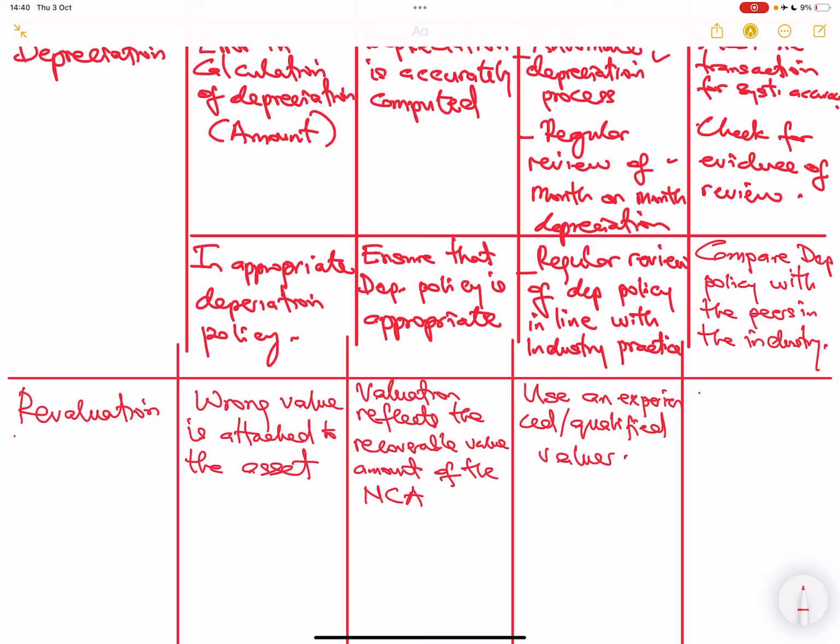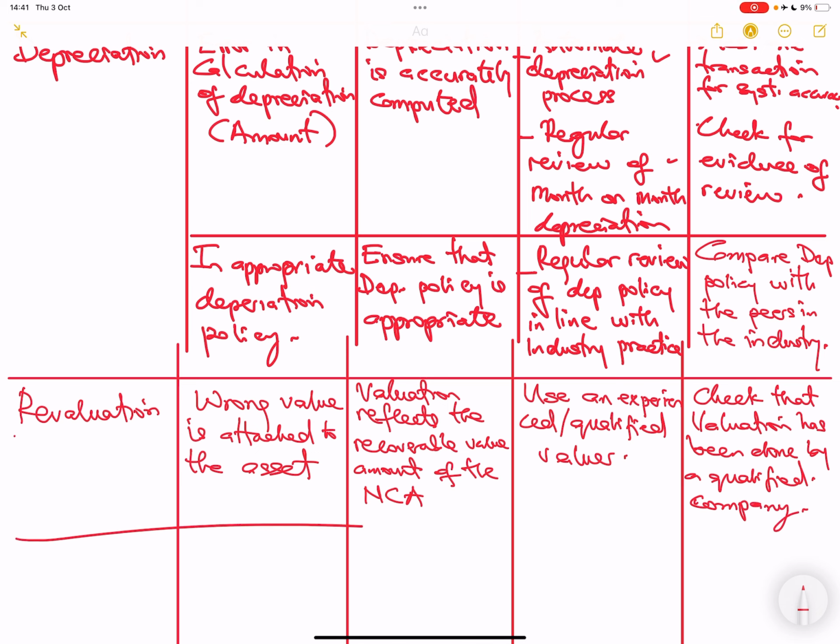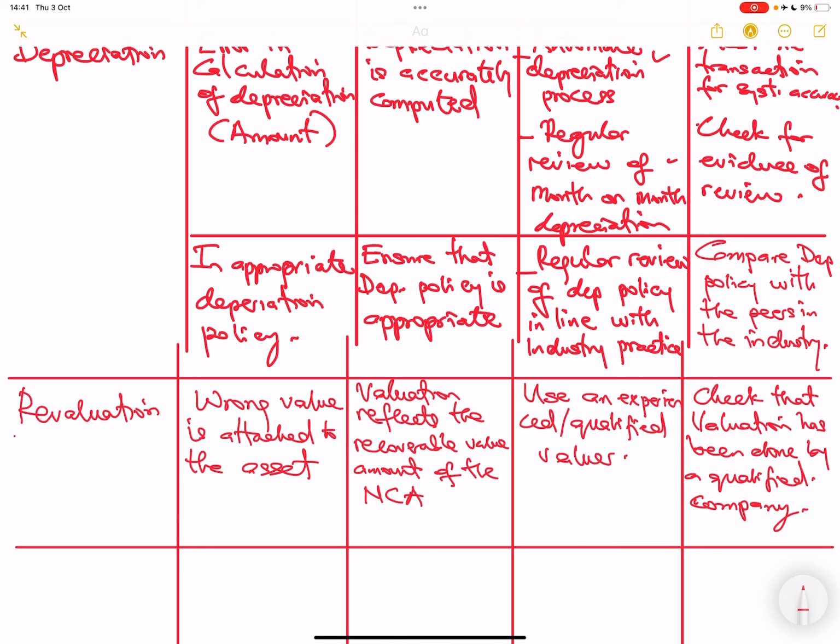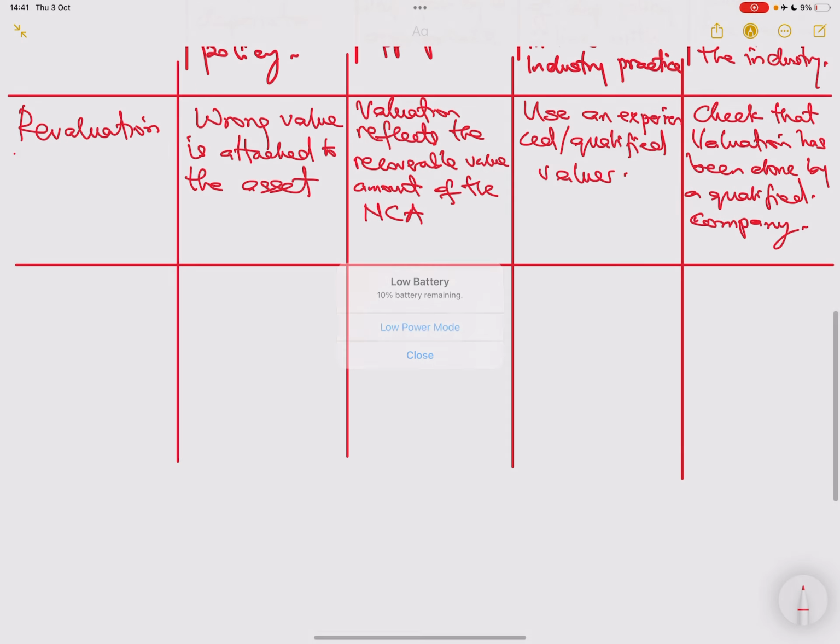When auditors come, they need to check that valuation has been done by a qualified company. That's what auditors will check when they come. They will assess the valuer to be sure that they have experience and are very qualified.